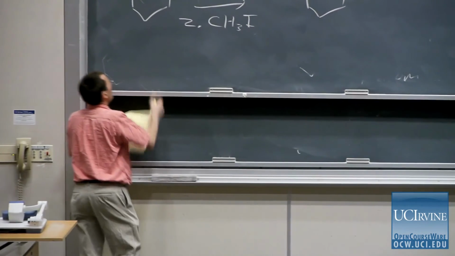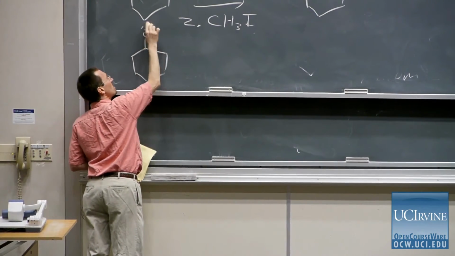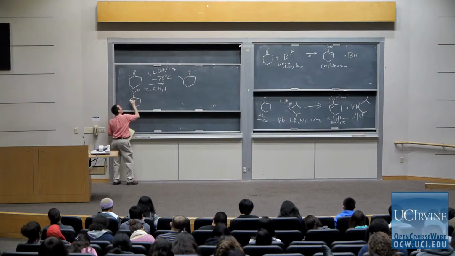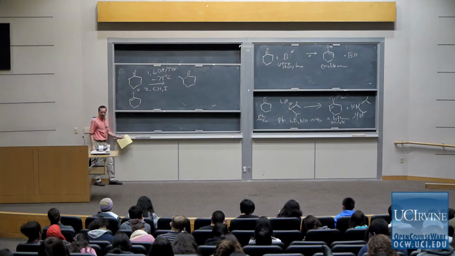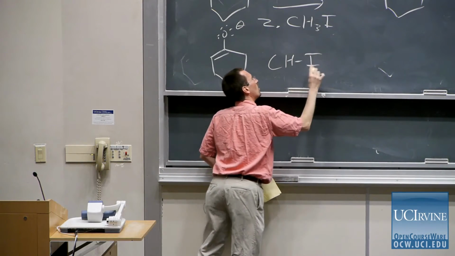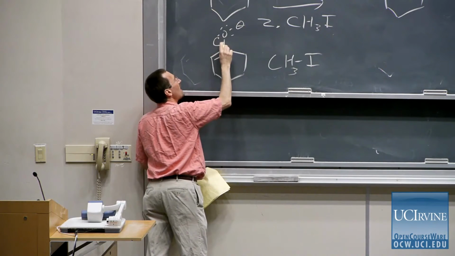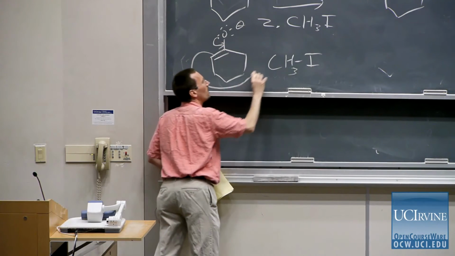What's happening here? Same thing we saw with protons. We've generated our enolate stoichiometrically. Here's our methyl iodide. Whether it's a proton, whether it's methyl iodide, we have a good electrophile.